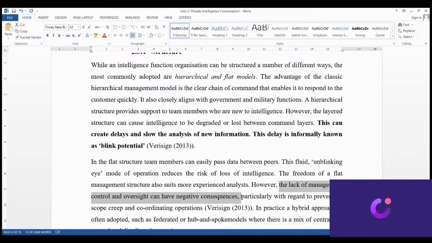This lack of control and oversight can have negative consequences, particularly with regard to preventing what we call scope creep and coordinating operations.